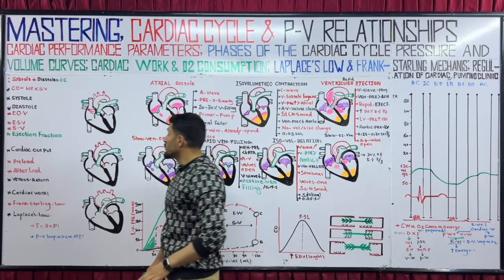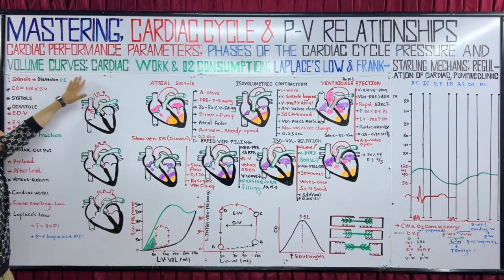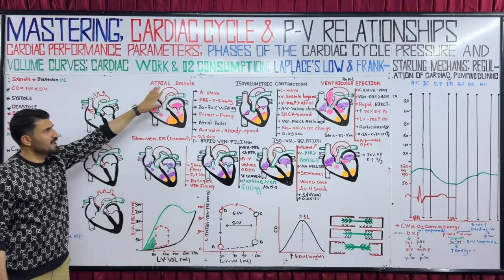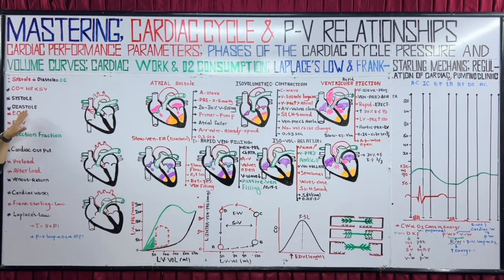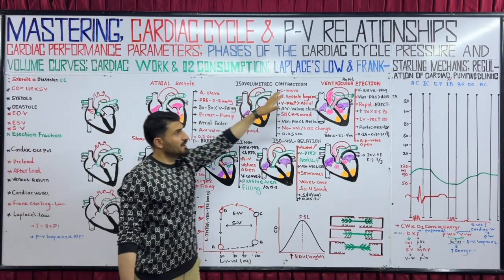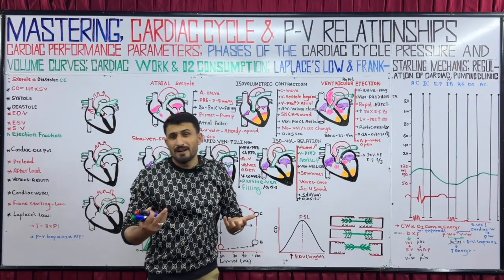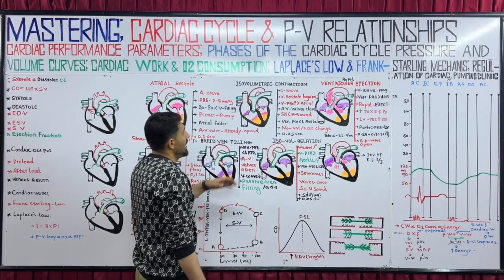During this lecture, first we will talk about cardiac performance parameters, for example, cardiac output, end diastolic volume, end systolic volume, stroke volume, and so on. Then we will talk about the phases of the cardiac cycle, what I mean by cardiac cycle and how many phases it has.